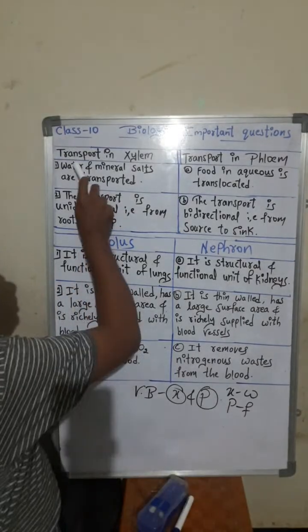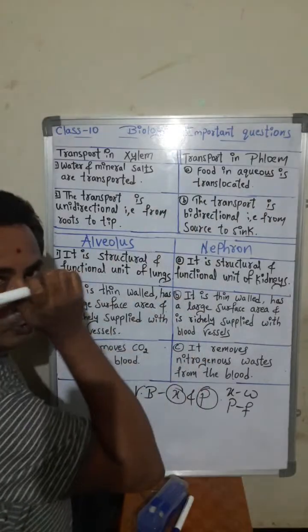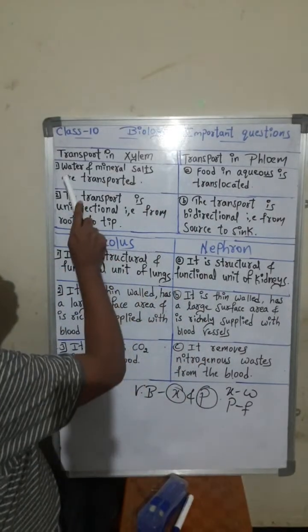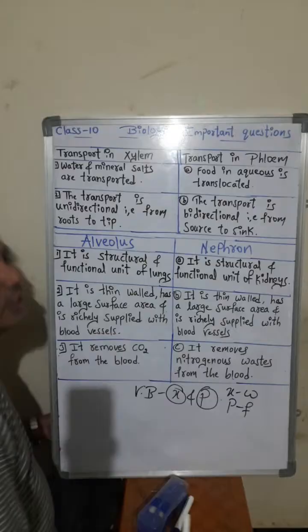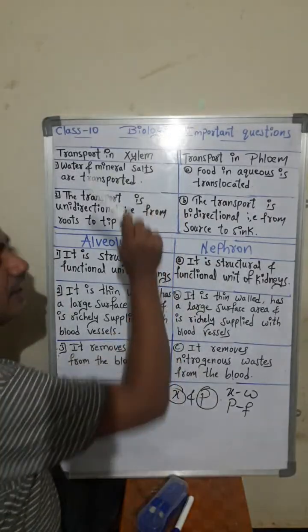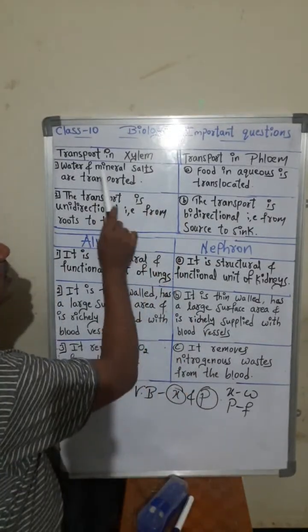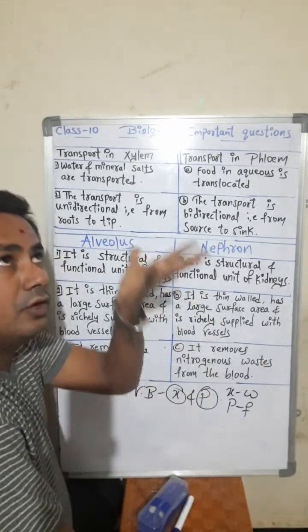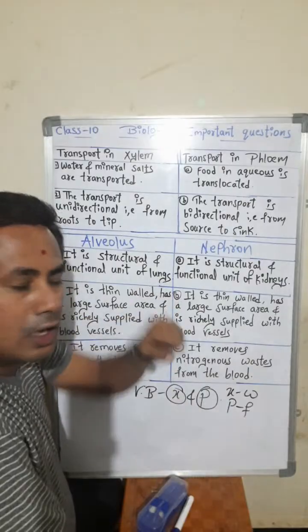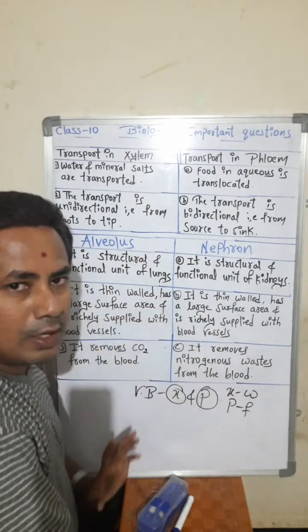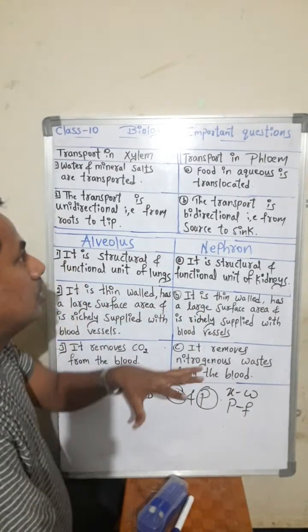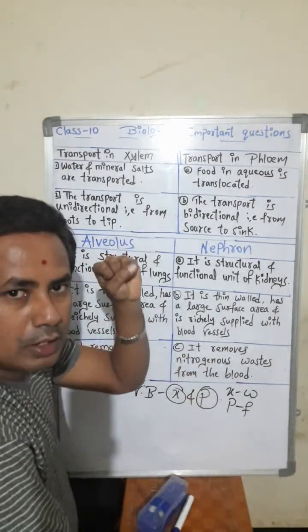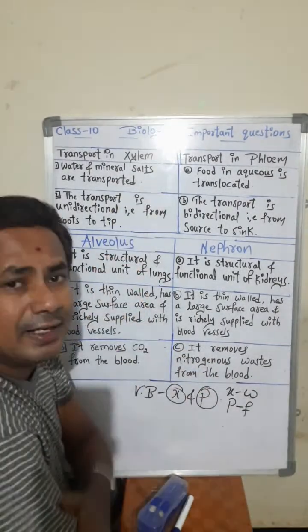So transport in xylem, transport in phloem. Now you have understood. What will xylem transport, students? Water and mineral salts. Water from the rain or from underground, or if we pour water to the plants, they will absorb it.